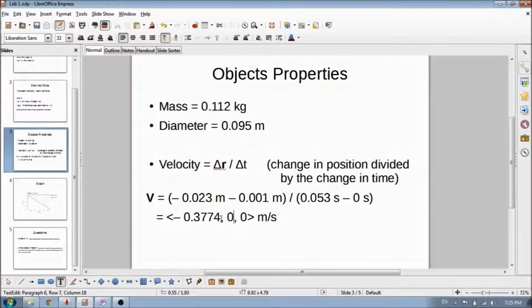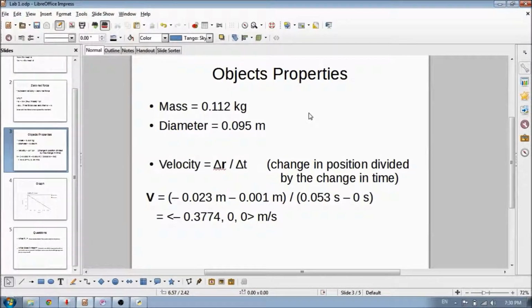Of course, that's for the x component. Those are the object's properties that I analyzed. The mass is 112 grams and the diameter is 9.5 centimeters. Of course, those are in the SI units.